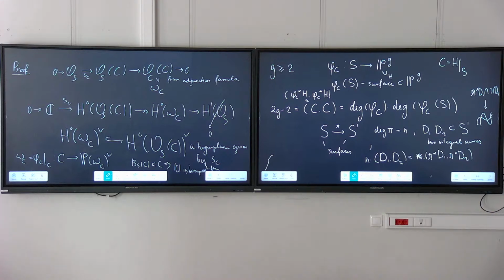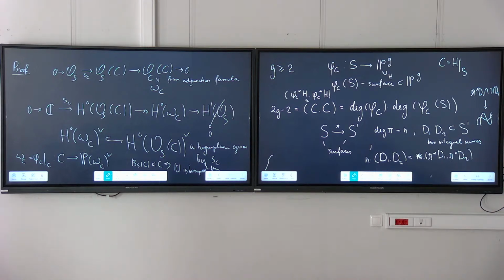So what I mean is that when we deform divisors in a linear system, we use effective divisors. So we need to find two effective divisors that intersect properly.